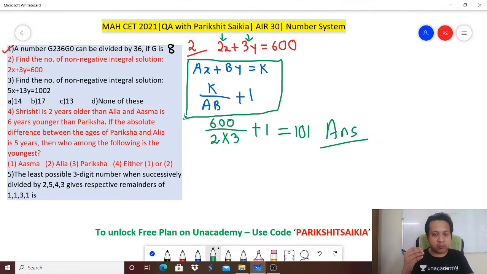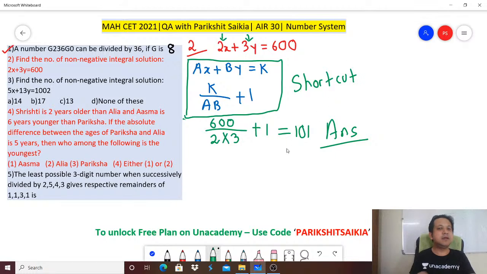Remember, if the question asks how many negative values of x and y will satisfy, then you cannot apply the shortcut. But if it tells you non-negative, zeros and positive numbers, then you can definitely apply this shortcut.